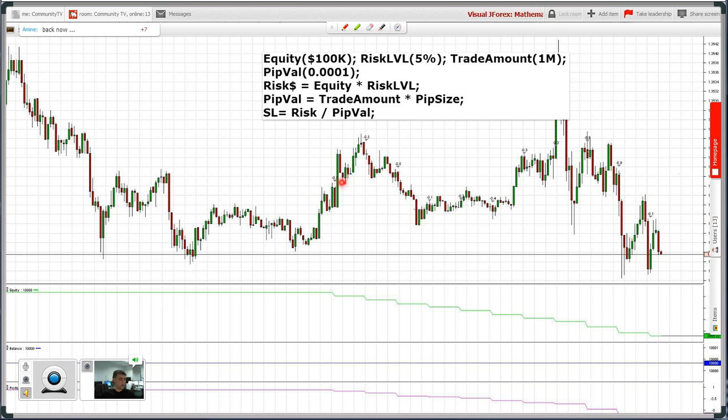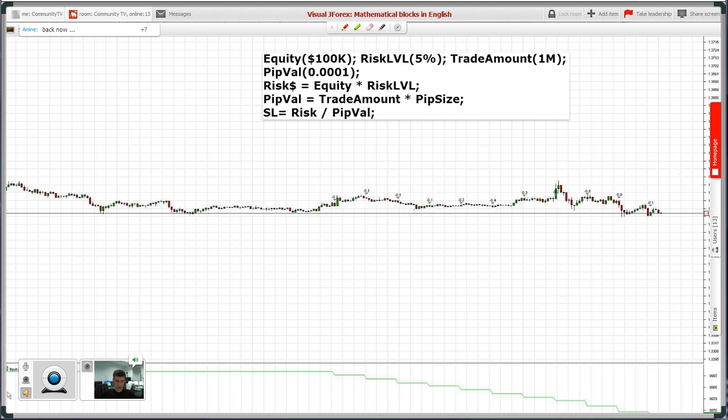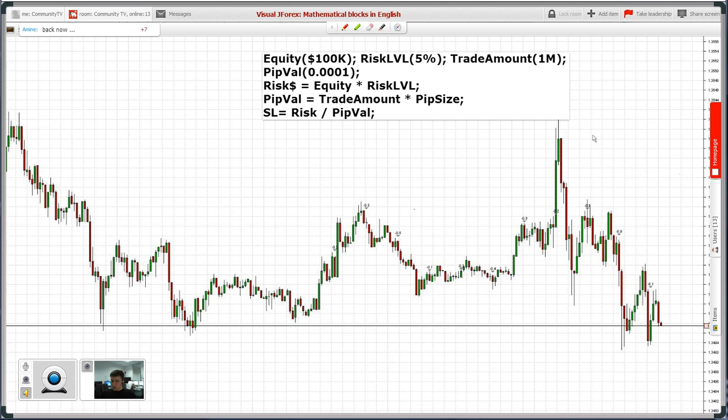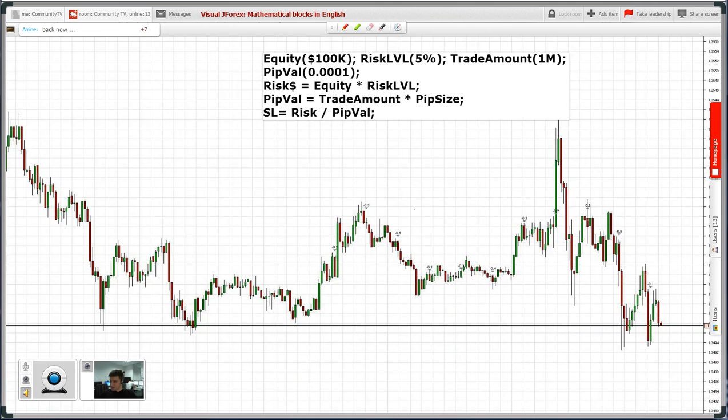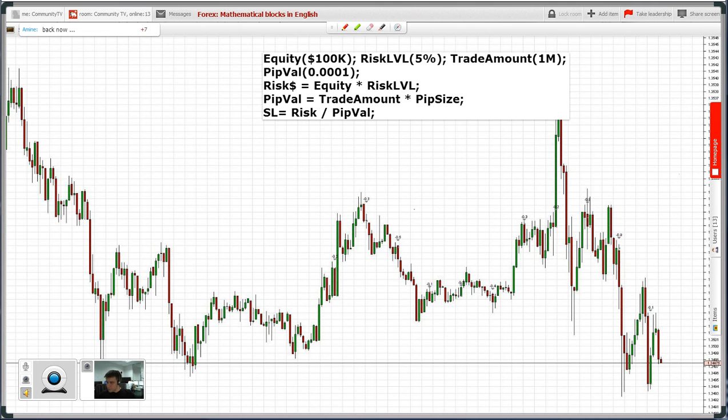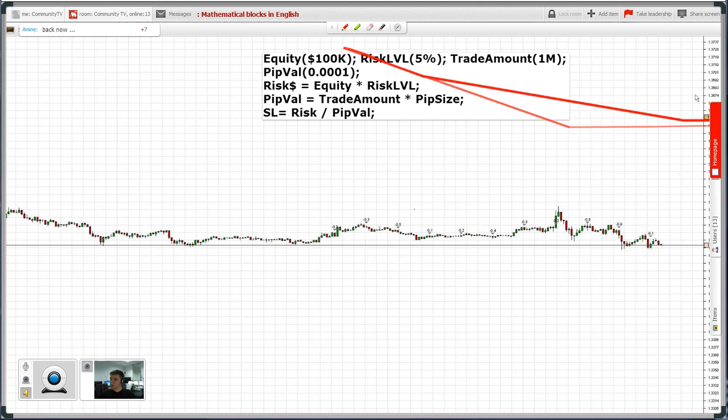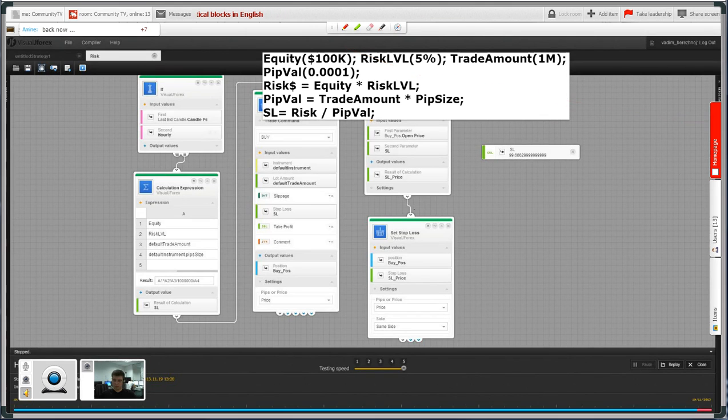First, it opened several positions, but we cannot see any stop losses here because they are not set. Let's see where we can get errors. Okay, no stop losses. Let's make corrections.